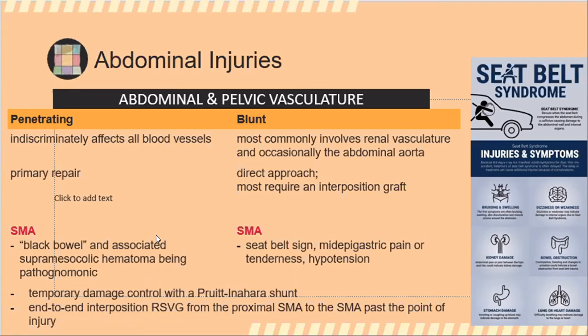If blunt, yung most commonly involved vessels are your renal vasculature and occasionally your abdominal aorta. So we do immediate XLAP. We identify the bleeding vessel. If extensive yung injury, we can use an interposition graft.